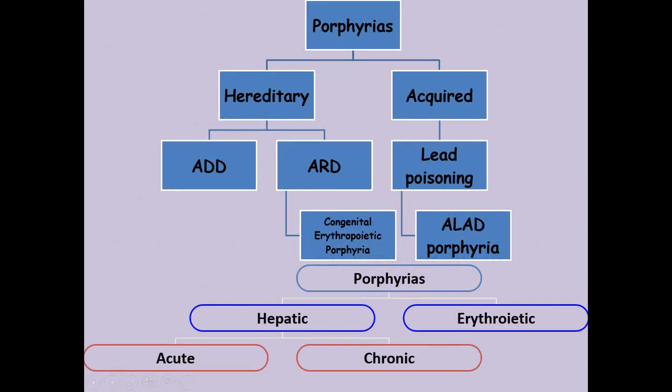Hereditary are autosomal dominant or autosomal recessive diseases like congenital erythropoietic porphyria, while acquired are due to lead poisoning. Porphyrias can also be classified as hepatic or erythropoietic. Hepatic can be of acute origin or of chronic origin.